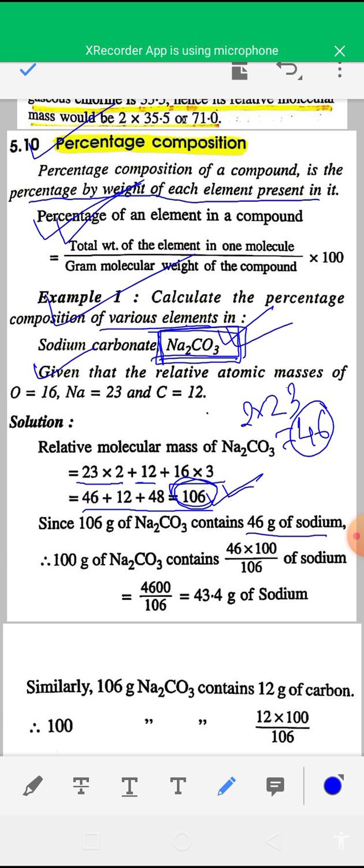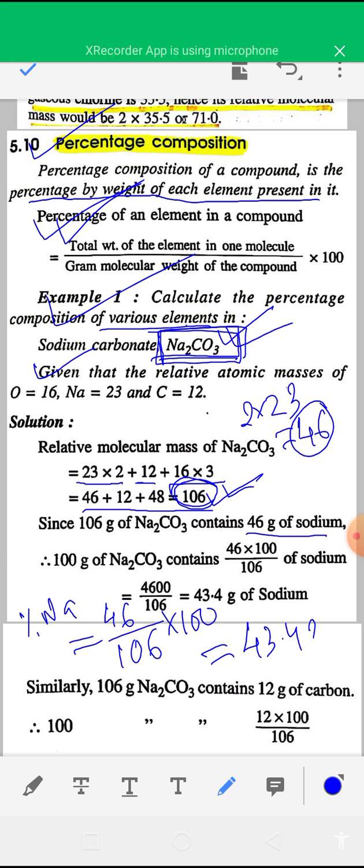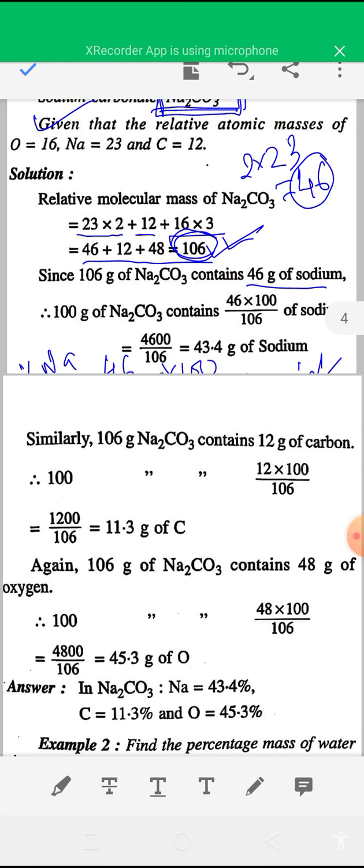Using the formula, percentage of sodium is equal to mass of sodium, 46, divided by molecular weight of the compound, 106, into 100. Very simple. The percentage of sodium will be 43.4%.